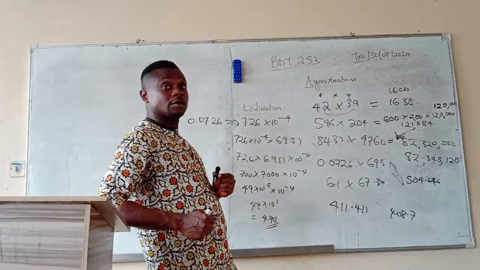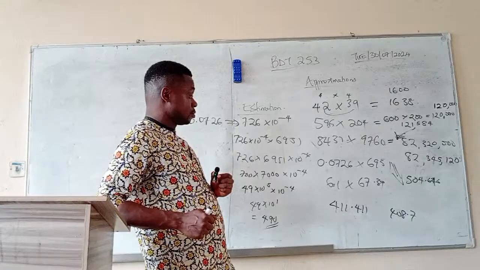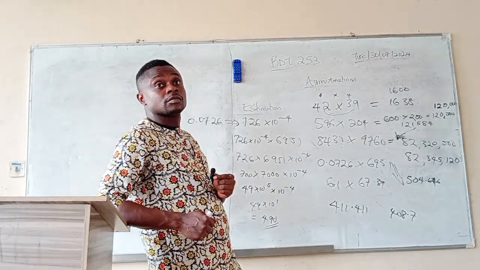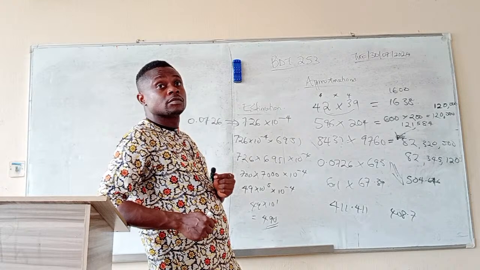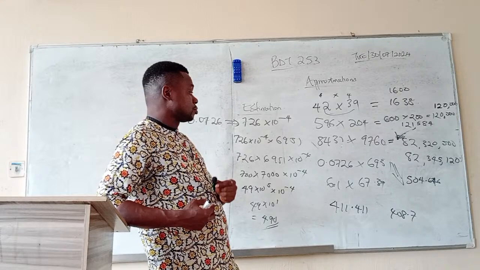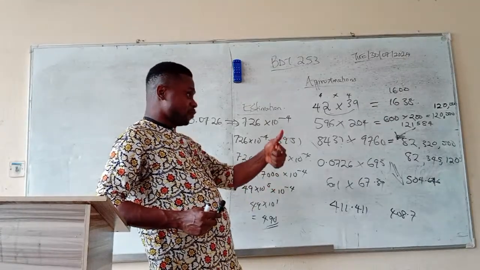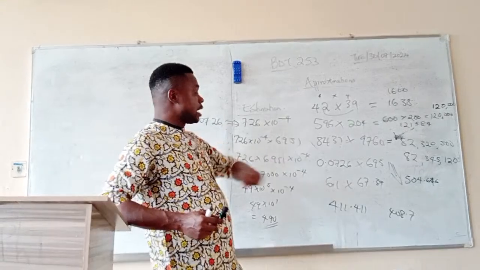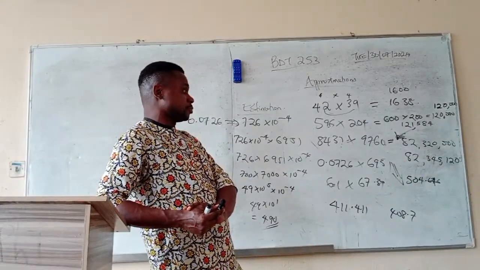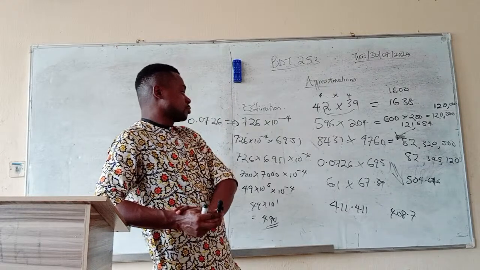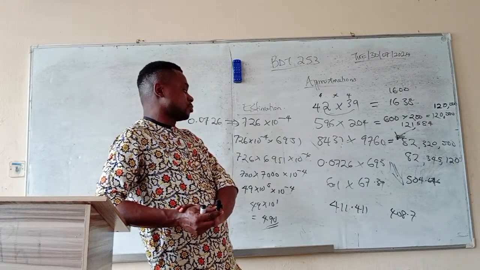I moved both of them to exponential form. This is 6.1. I got 61 times 10 raised to power minus 1. And this one gave me 6700 times 10 raised to power minus 2.